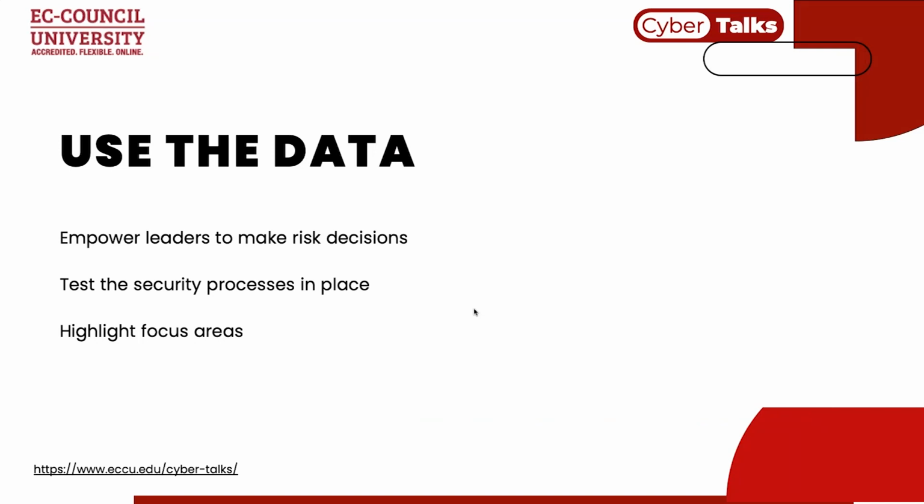And then finally, use the data. Coming out of here, the pen test report is very valuable to go along with the pen testing exercise itself, but you have to use the data that comes out of it, right? One of the ways to do that is it empowers leaders to make risk decisions. We talked about earlier several ways that a pen test could be used.